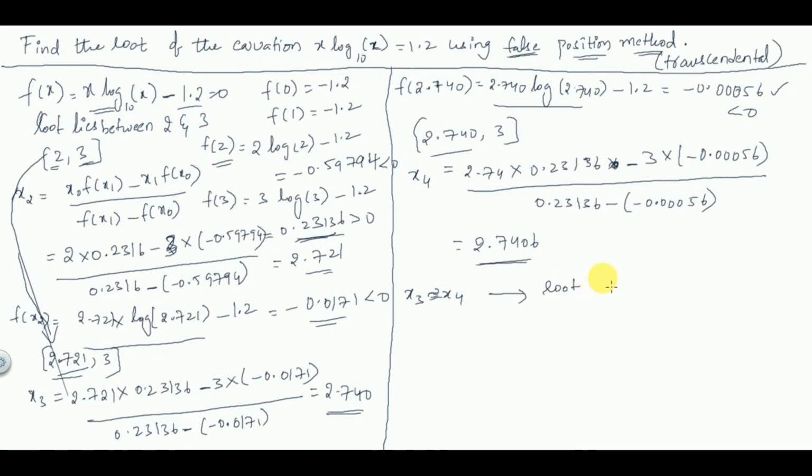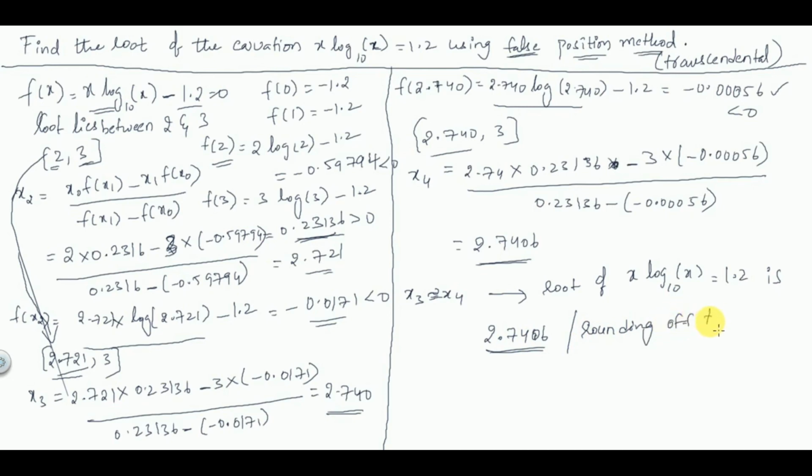So the root of x log 10 x equals 1.2 is 2.74, rounding off to two decimal places. If you don't want to round off, you can write it as 2.7406.